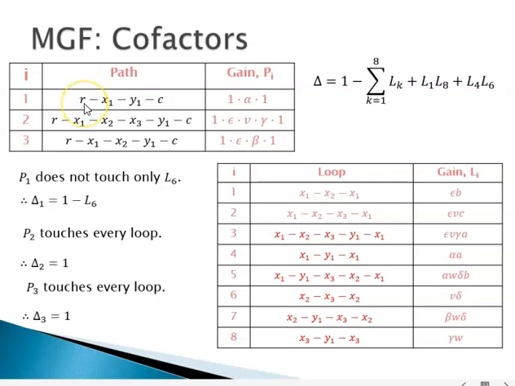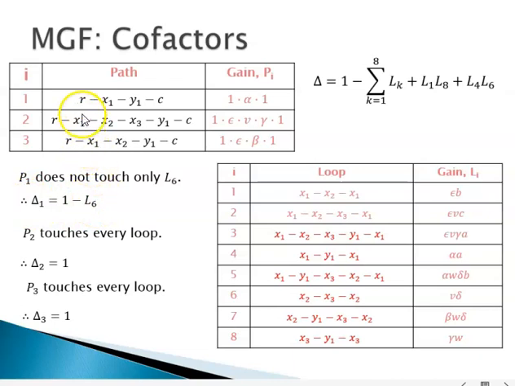For path 1, if you remove all the touching loops, only L6 is remaining. So delta 1 is 1 minus L6. You can carefully notice R, X1, Y1, C, that is path 1. And see this loop 6, X2, X3, X2. This path X2, X3, X2 does not have any node common with path 1. So delta 1 is 1 minus L6.